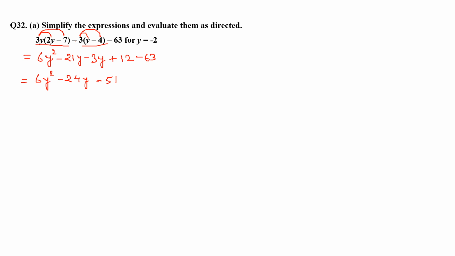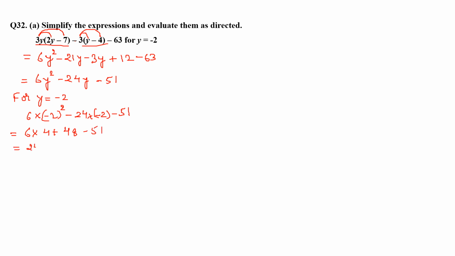Now here you have to put the value of y equal to -2. So for y equal to -2, it will be 6 into (-2) whole square minus 24 into y, which is -2, minus 51. Okay, so 6 into 4, and minus into minus is plus, 48 minus 51.